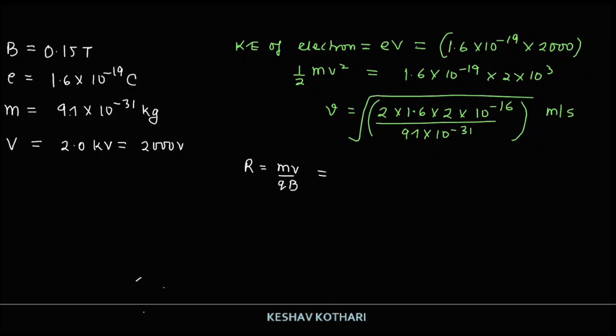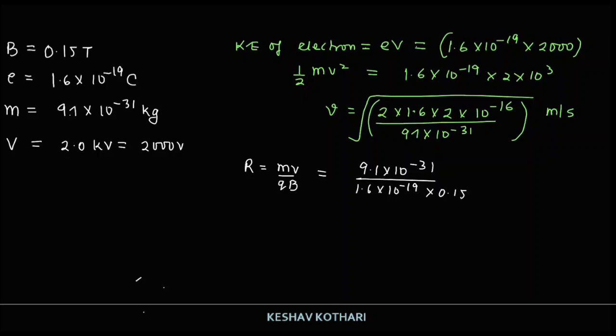If we do the necessary substitution, we put the value of mass as 9.1 into 10 to the power minus 31 kg, charge as 1.6 into 10 to the power minus 19, and the value of magnetic field as 0.15 Tesla.